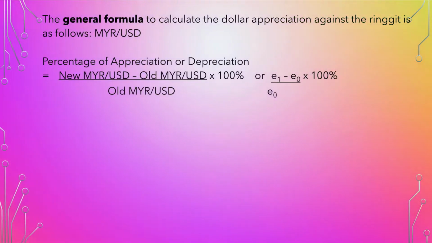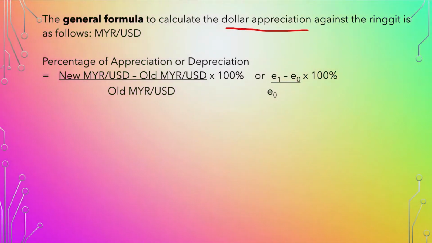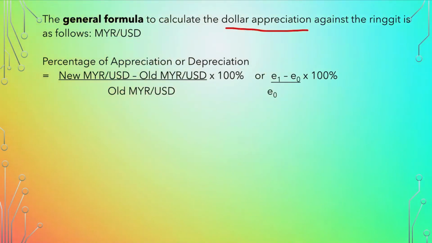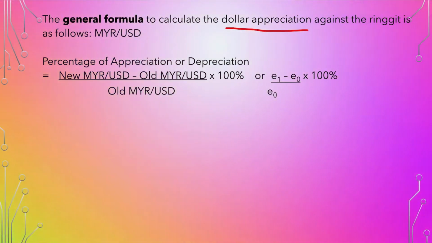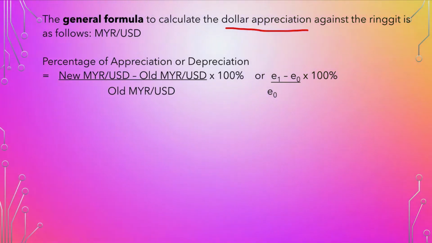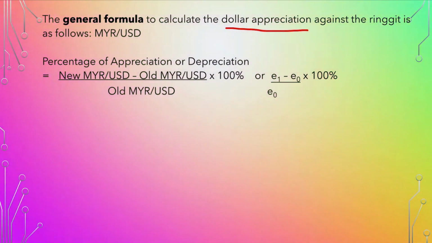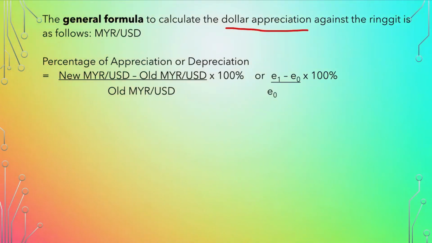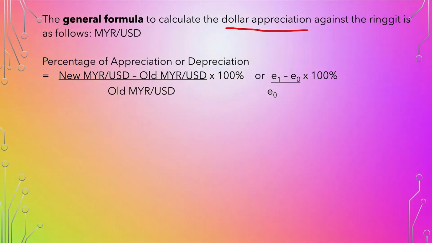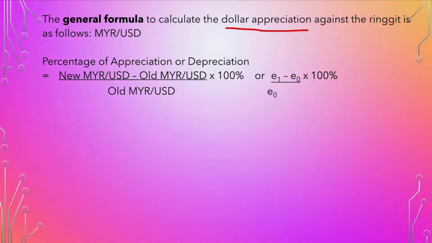This is the general formula to calculate the dollar appreciation against the ringgit. We use this formula: new Malaysian ringgit per US dollar minus old Malaysian ringgit per US dollar, divided by old Malaysian ringgit per US dollar, times 100%. Or the new E1 minus E0 divided by E0 times 100%, because it is the percentage change for appreciation and depreciation.